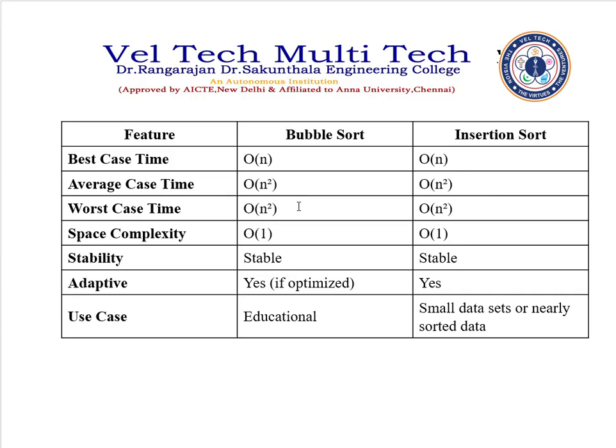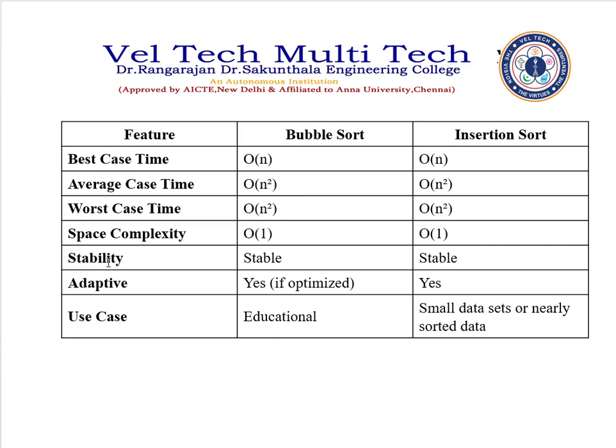For the worst case also order of n square for both. The space complexity remains the same for both, so there is not much difference. But if you want to do the work quicker, you can choose insertion sort over bubble sort.